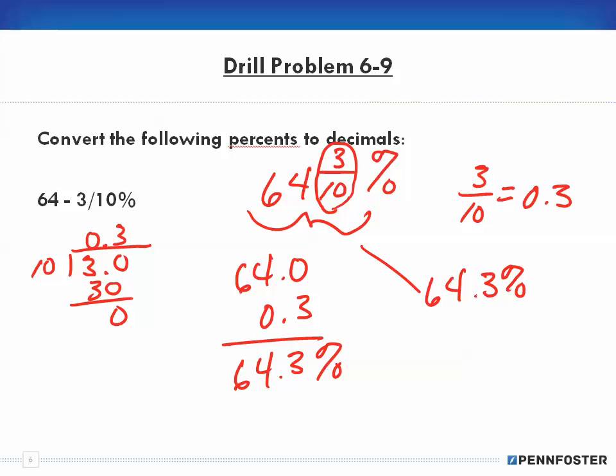And when we're here, all it is is dividing by 100, or the shortcut method is just moving the decimal place over to the left 2 places. So I end up with 0.643 as my decimal.